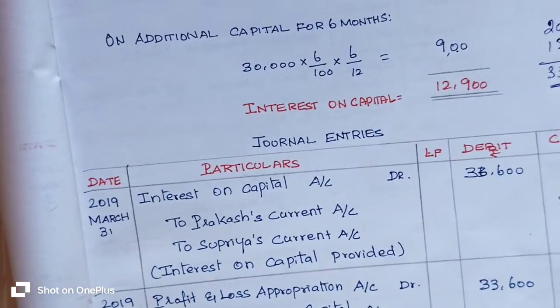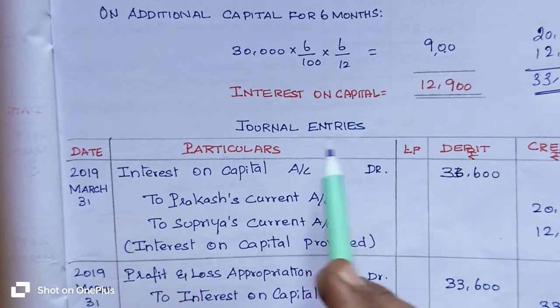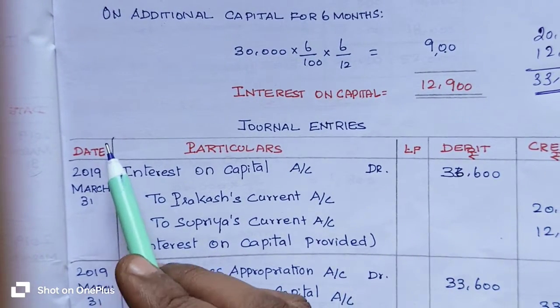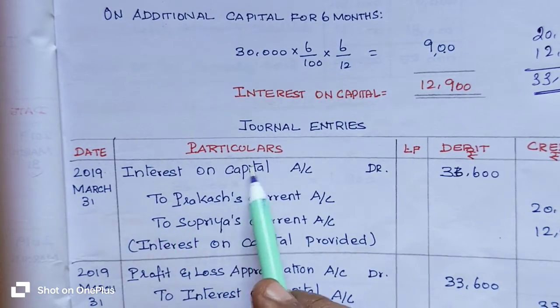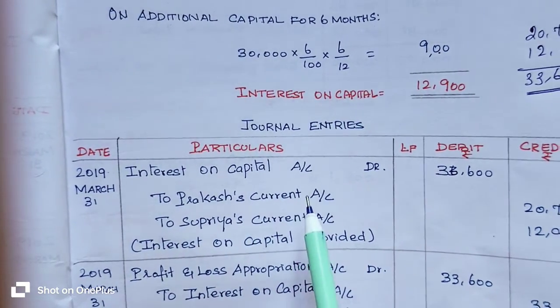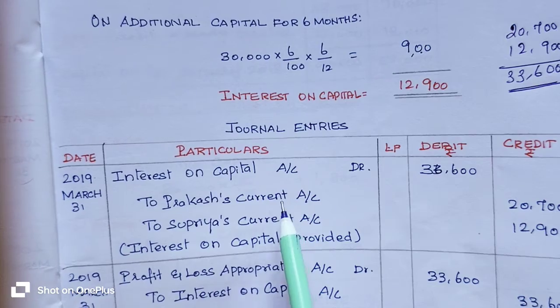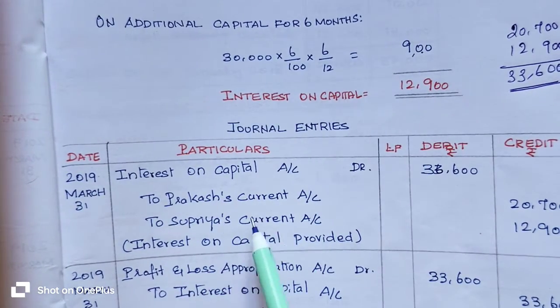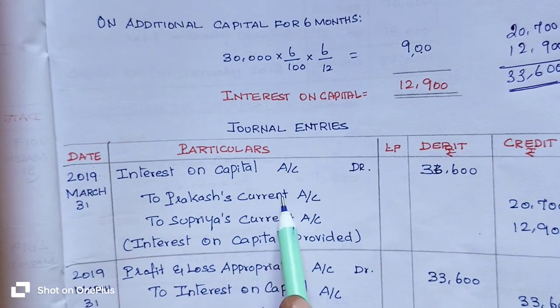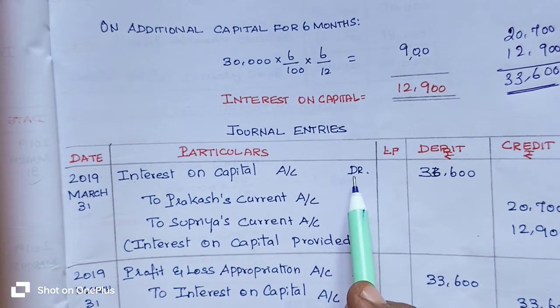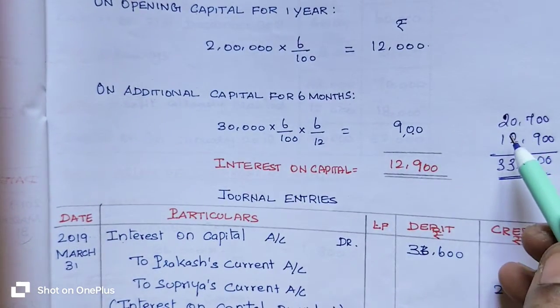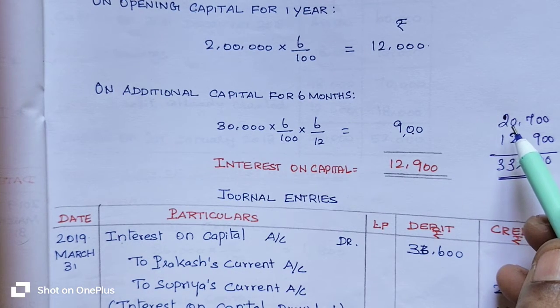On the date column, you know the journal entry format: date, particulars, LF, debit and credit. On the date column, write 2019 March 31. Interest on capital account debit to capital account, right? Whose capital account? The respective partners' capital accounts. Okay, capital account or current account, both are the same. So interest on capital account debit, we have to add both partners' interest on capital.